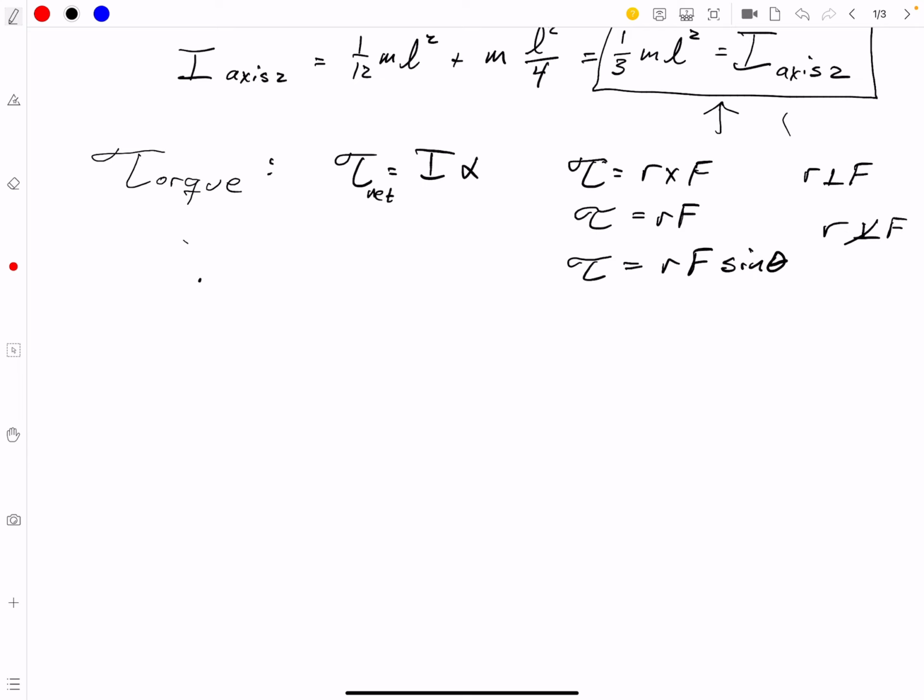That would look like, here's our circle, here's our force, here's the radius, and here is the angle between them.